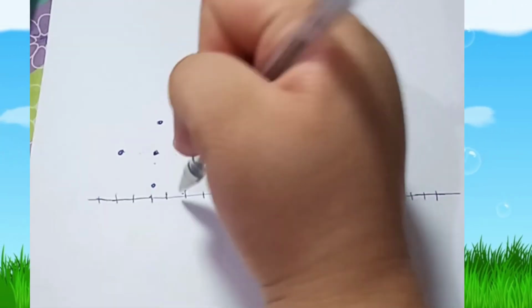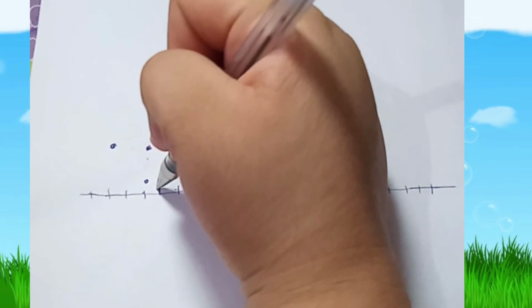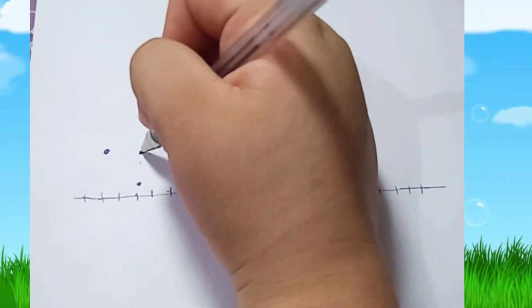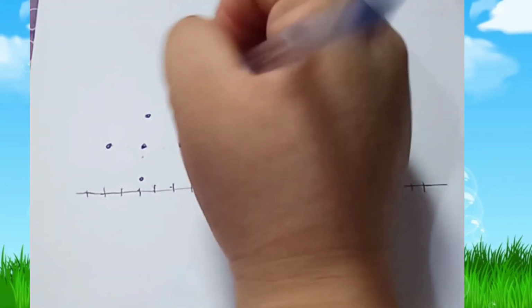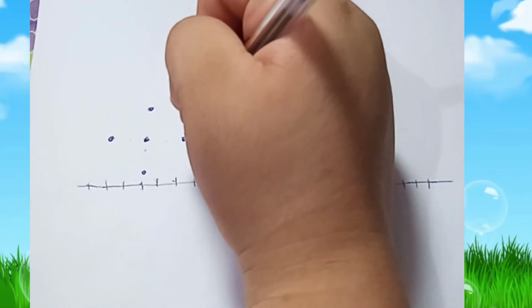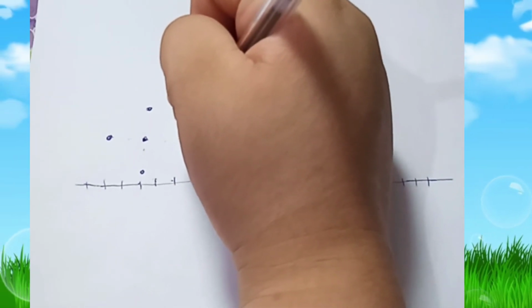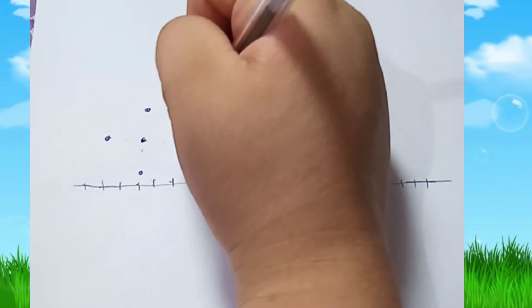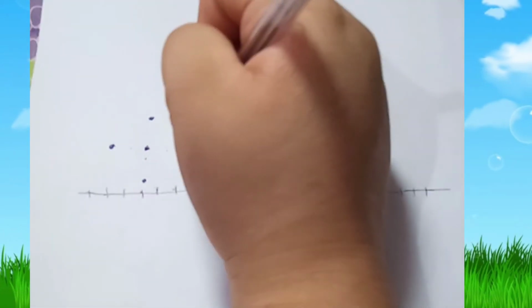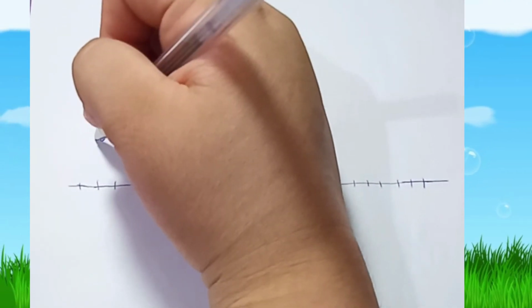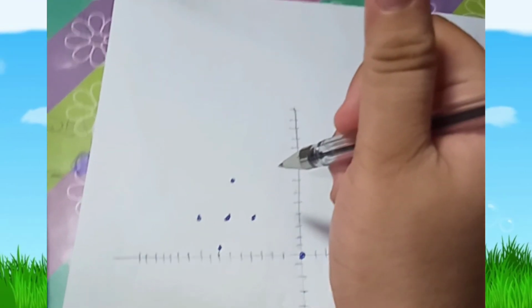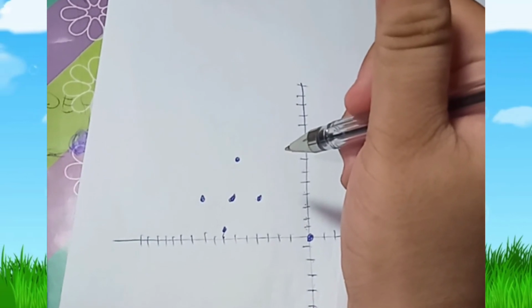So we need to move 2.24 from the center. So 1, 2, then 0.24. We just need to put a little point in here, and to the other side we will do the same.